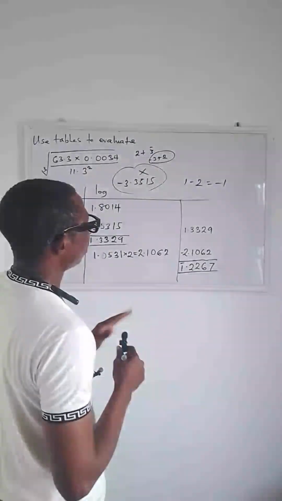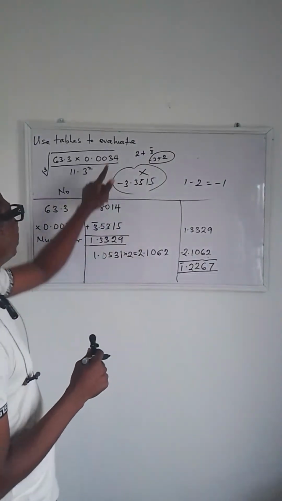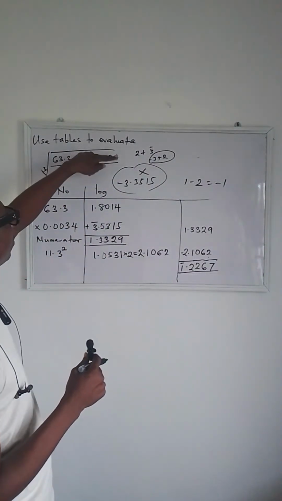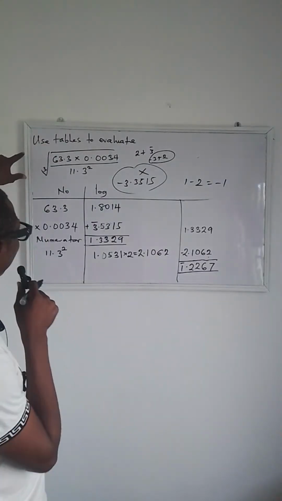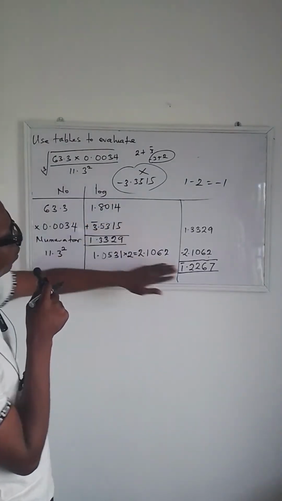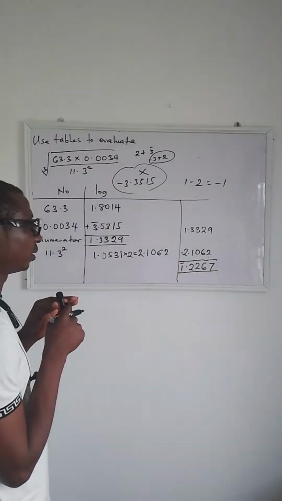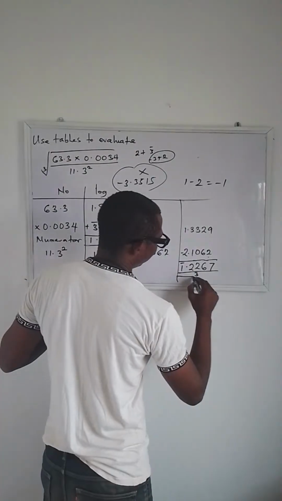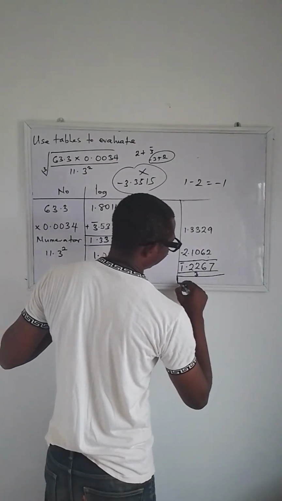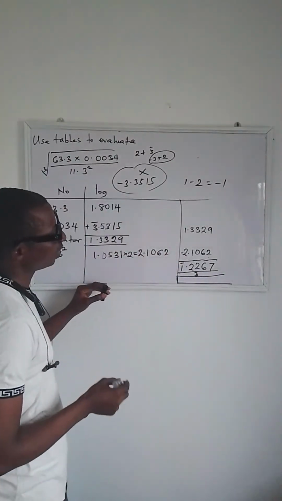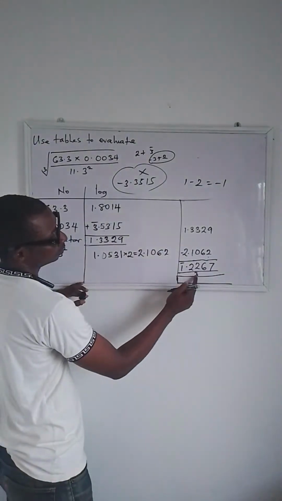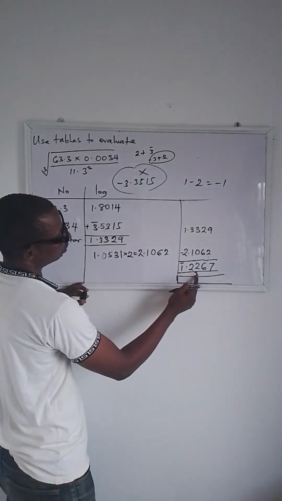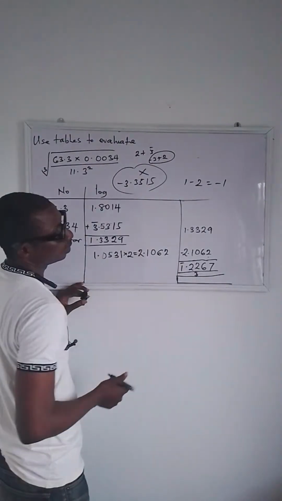So now the next thing is, you can see what we have here. We have cube root of 3. So we are going to divide our answer by 3. Let's divide by 3 and we'll write the answer here. When you divide by 3, 3 goes in bar 1.